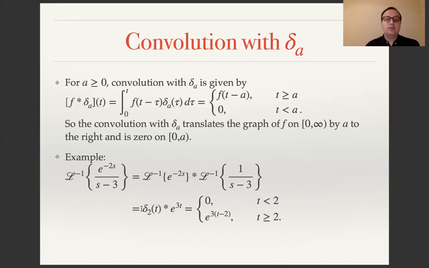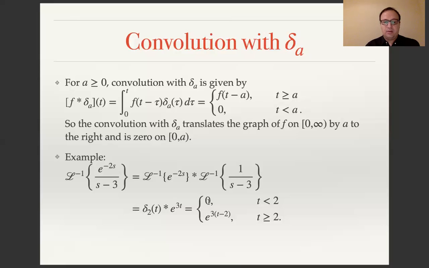And now, using this previous result for convolution with Dirac delta, the convolution of delta 2 of t and e to the 3t is the function e to the 3t on the interval 0 to infinity shifted to the right by 2.